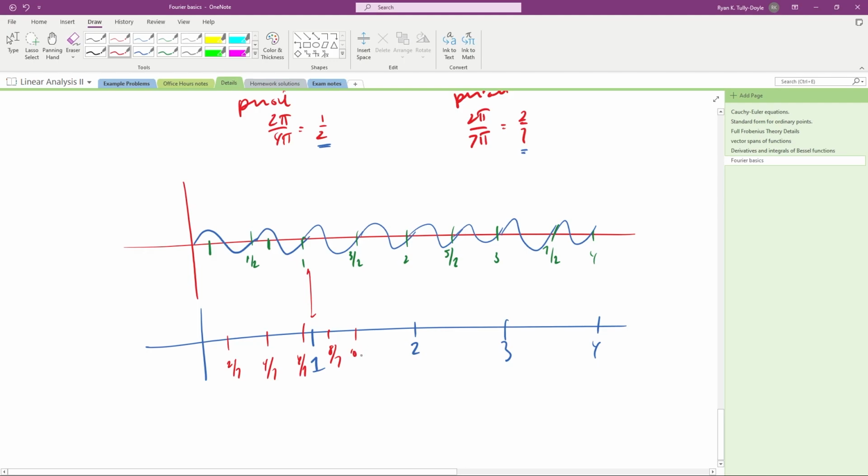8/7, 10/7, 12/7, and then all of a sudden we hit 14/7. Well, at 14/7, this function lands exactly on 2. And at the same time, this function also lands at 0 at 2.